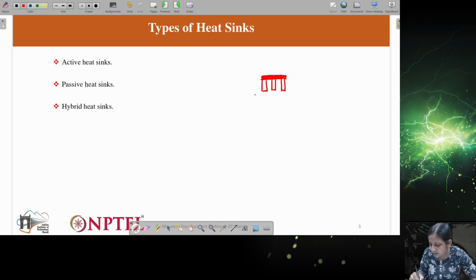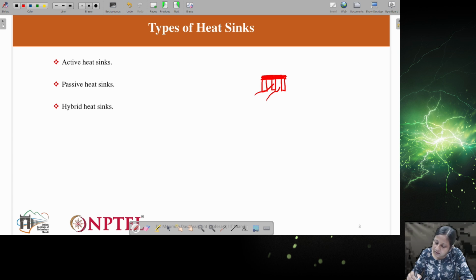Different types of air can flow in between. The thickness of the different teeth and the spaces in between can be different for different types of heatsink, but this comes under passive heatsink because it is fixed in nature. Once you select it, it will be fixed and it will have a fixed resistance and capacitance.